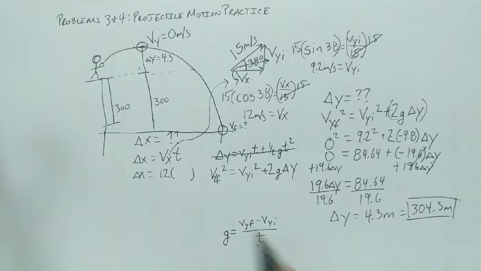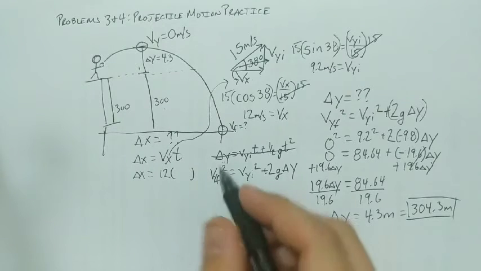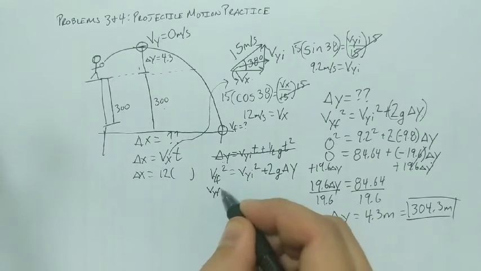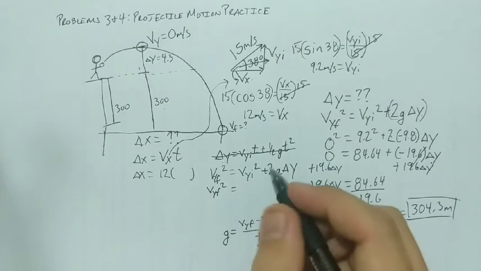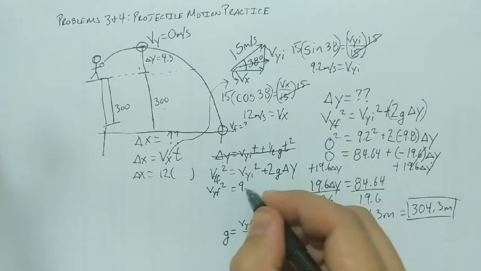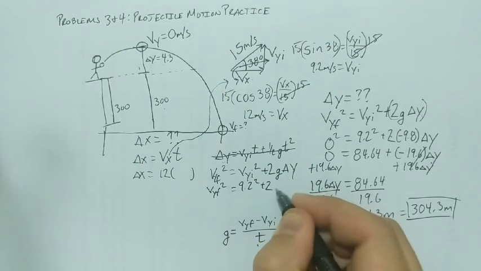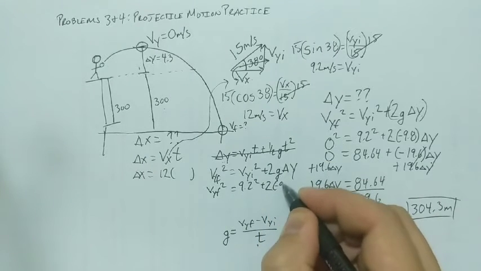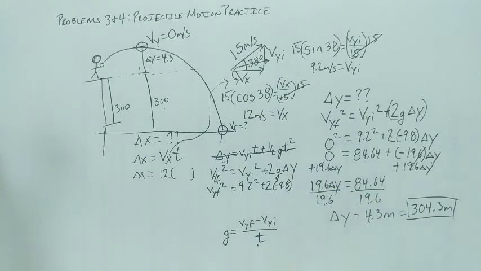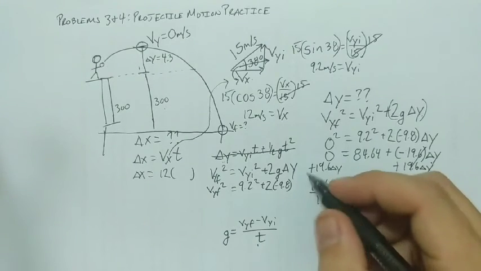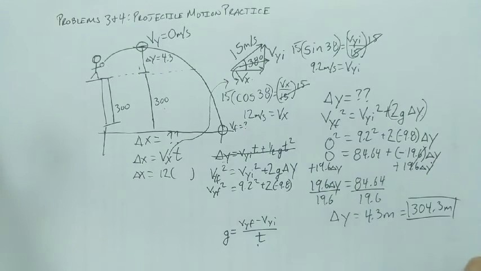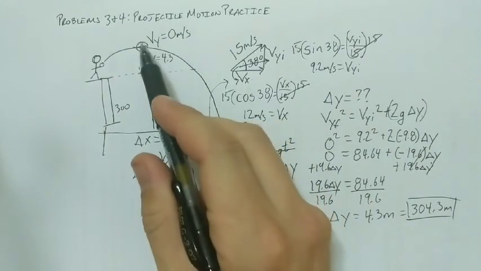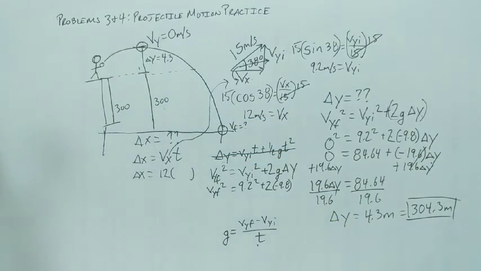All right, so here we go. Vyf squared, I don't know what that is. That's going to remain my variable. Vyf squared, my Vyi is 9.2 still. 2 times g, negative 9.8. And now here comes my question. What is my delta y? I solved and I found delta y maximum at the peak is 304.